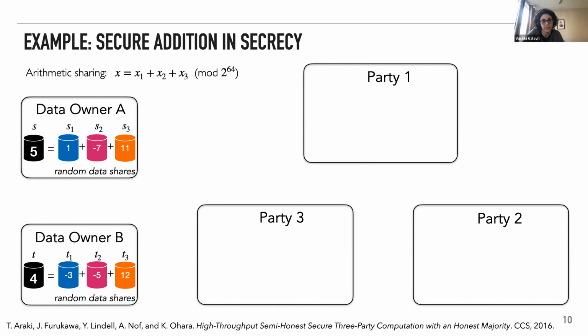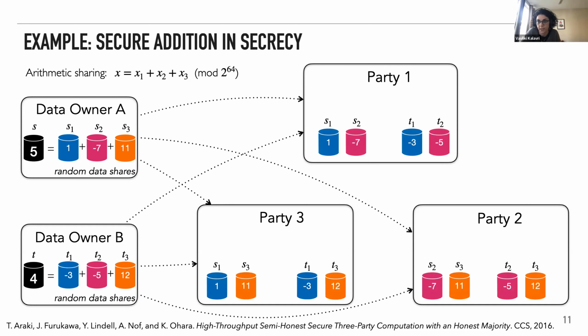That means they will generate 3 random numbers that, if you sum them up, give you the original number. Then they will distribute 2 of those shares, in the case of Secrecy, to 3 computing parties. So every party will receive 2 random numbers for each data item.